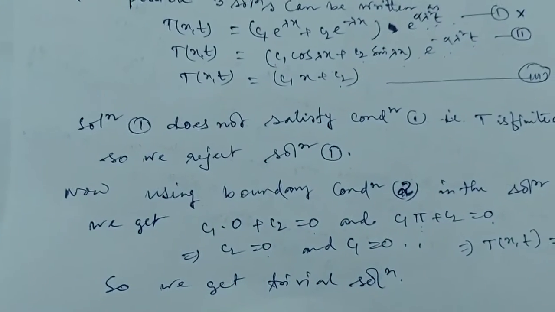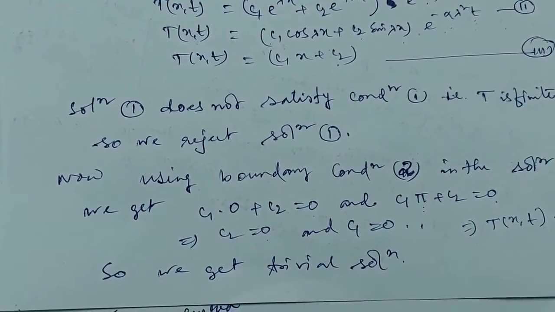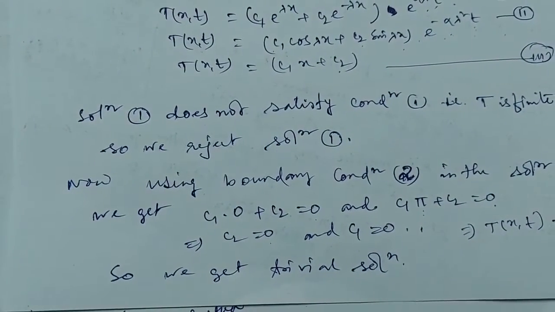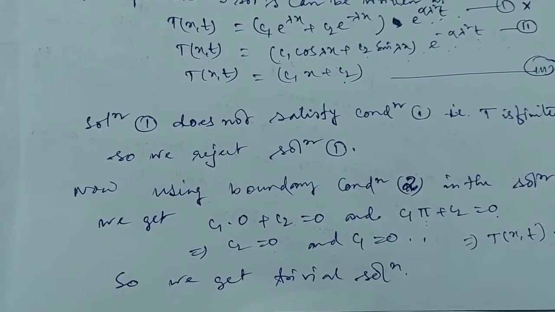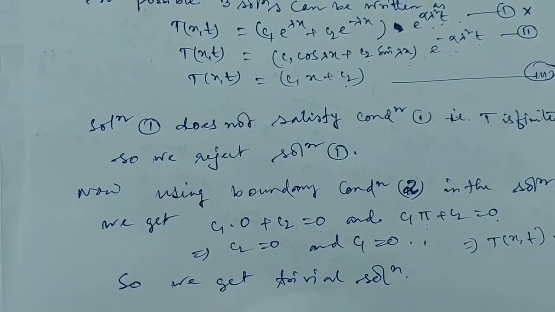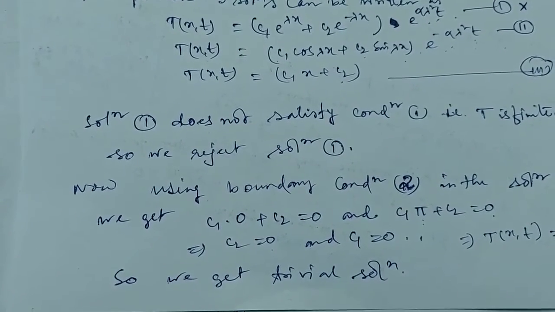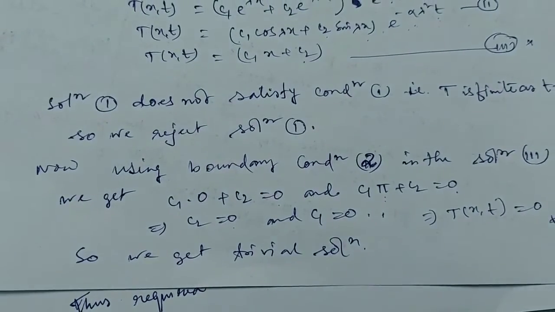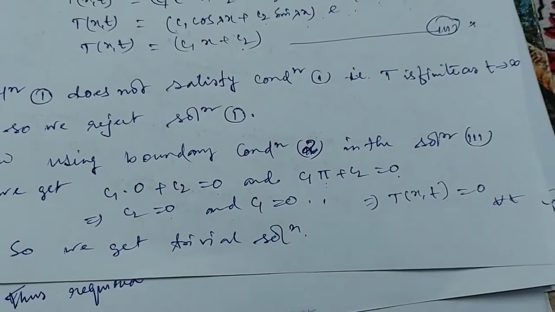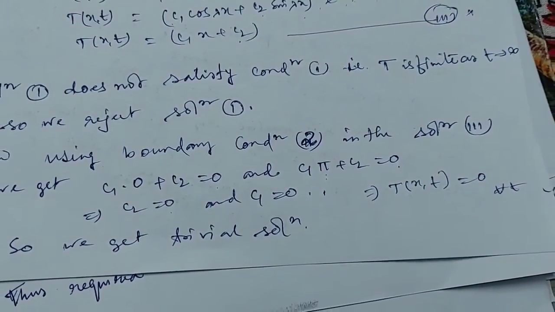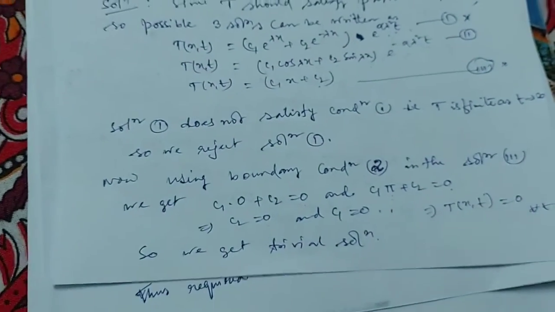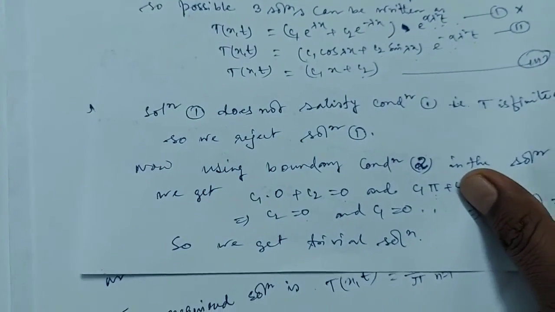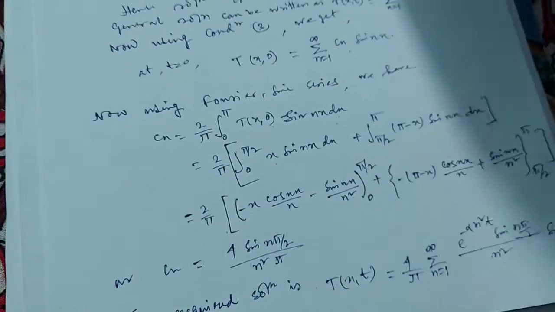So solving, we get c1 is equal to 0 and c2 is equal to 0, and this solution 3 is independent of t, only dependent on x. So putting the values, we get capital T of x is equal to 0 for all t, which is a trivial solution. But we are not interested in a trivial solution.